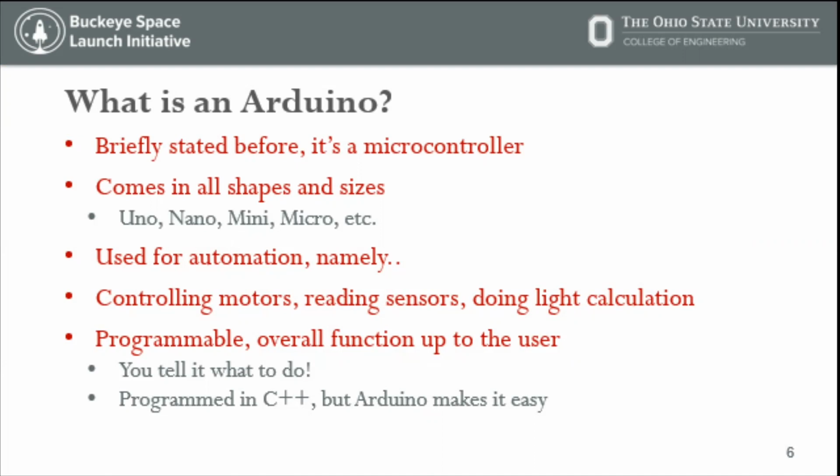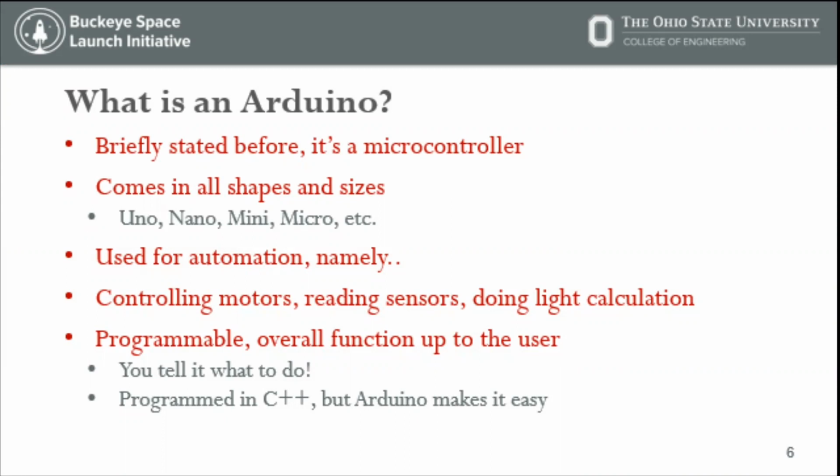There's the Mini, Micro, and a plethora more that I just don't have listed here. Differences between them are how many pins they have for input and output, how much power they use, their physical size, the microcontroller that's attached to them, which kind of determines all those things, and what they're good for.